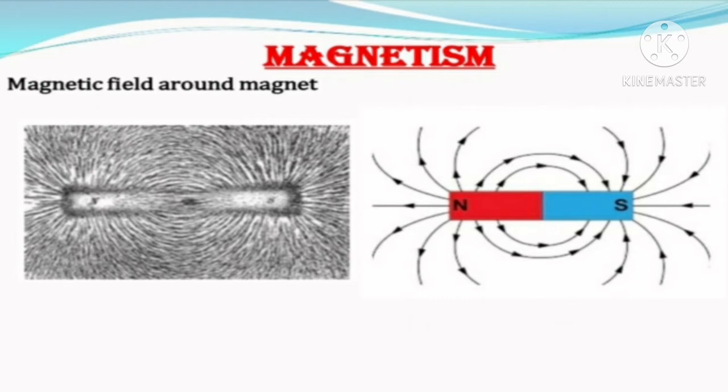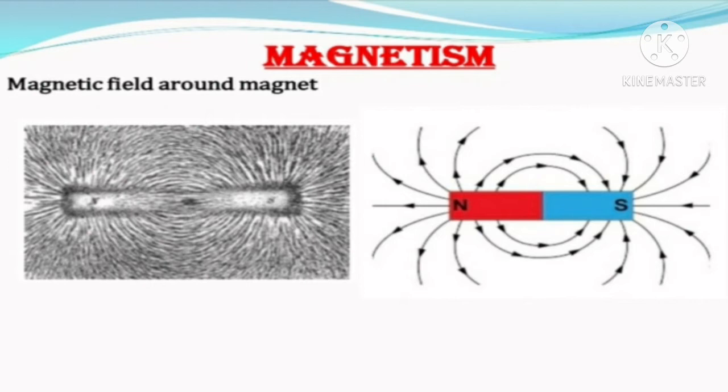All types of magnets have two poles, North Pole, which is indicated by capital N, and South Pole, which is indicated by S. Every magnet has a field around it. The area where the power of a magnet exists is known as the magnetic field. The magnetic field can be illustrated by magnetic field lines.